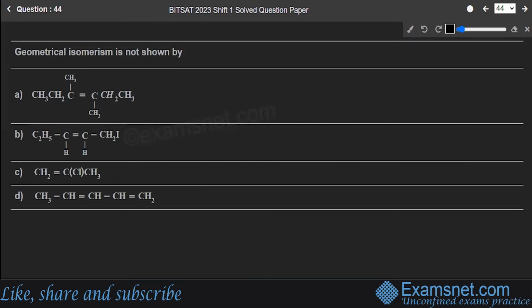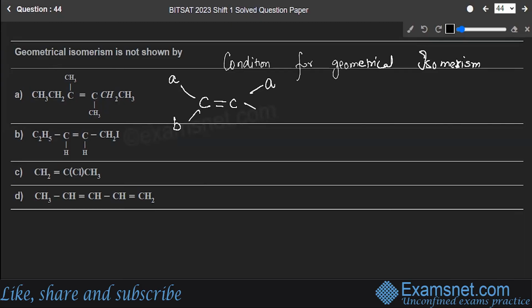The geometrical isomerism is not shown by which of these following? See, the condition for geometrical isomerism is given by this: double bond C, with A and B on one carbon, and on the other carbon, E and D. All right.